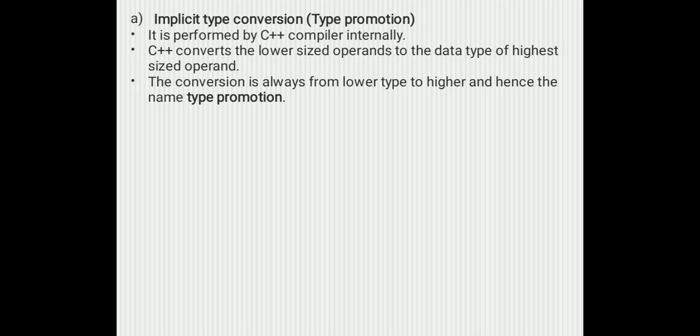That is, the lower sized operand is converted to the data type of the higher sized operand. And this conversion is always from lower type to higher, hence it is also known as type promotion.